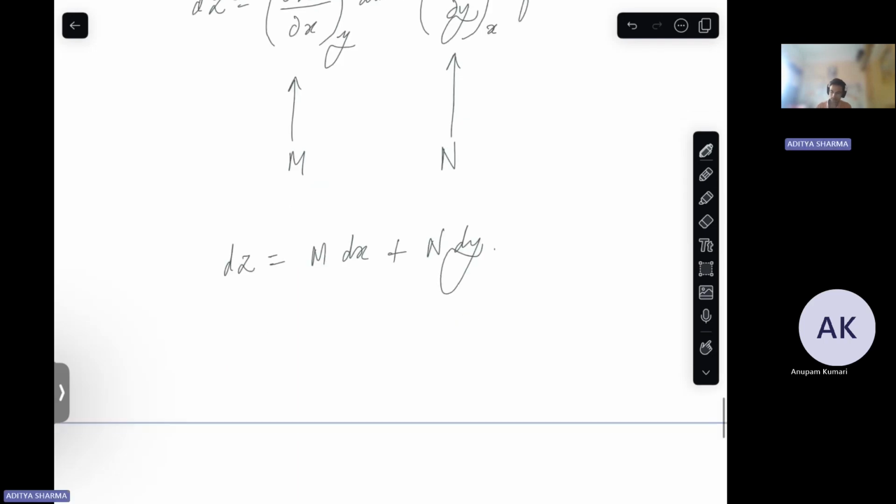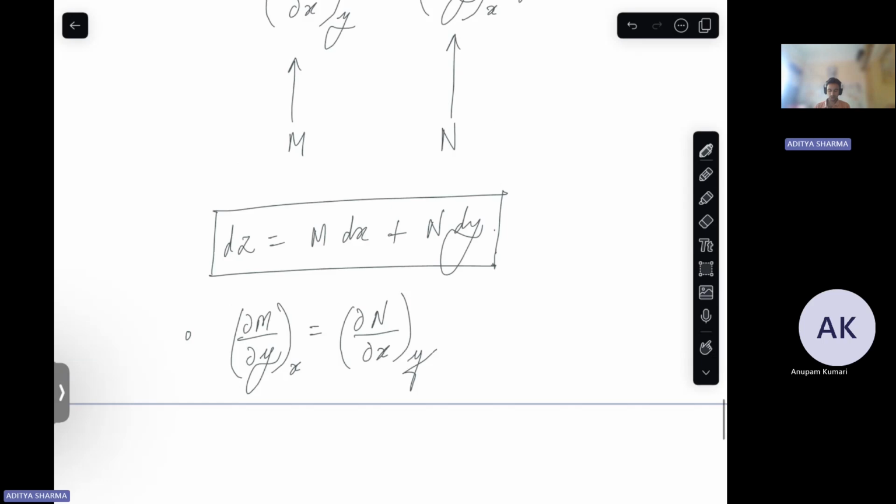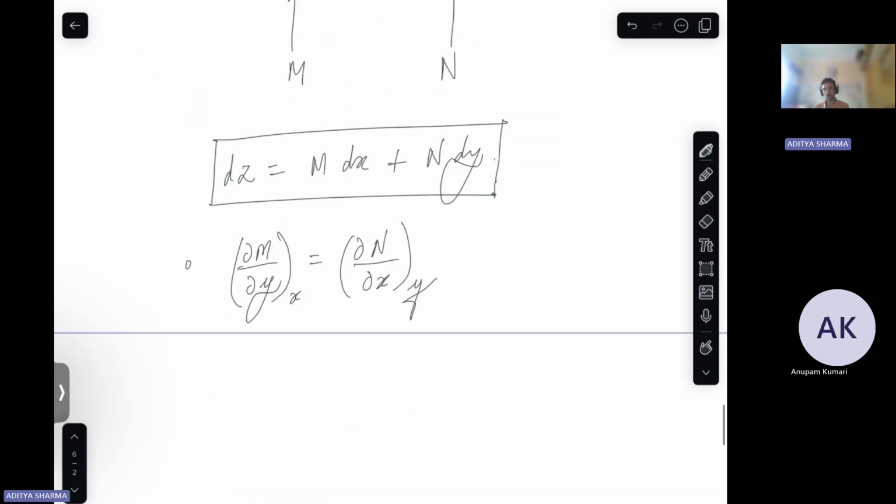Then for exact differentials, they have some property, and using this property of exact differentials, we can derive these Maxwell relations.